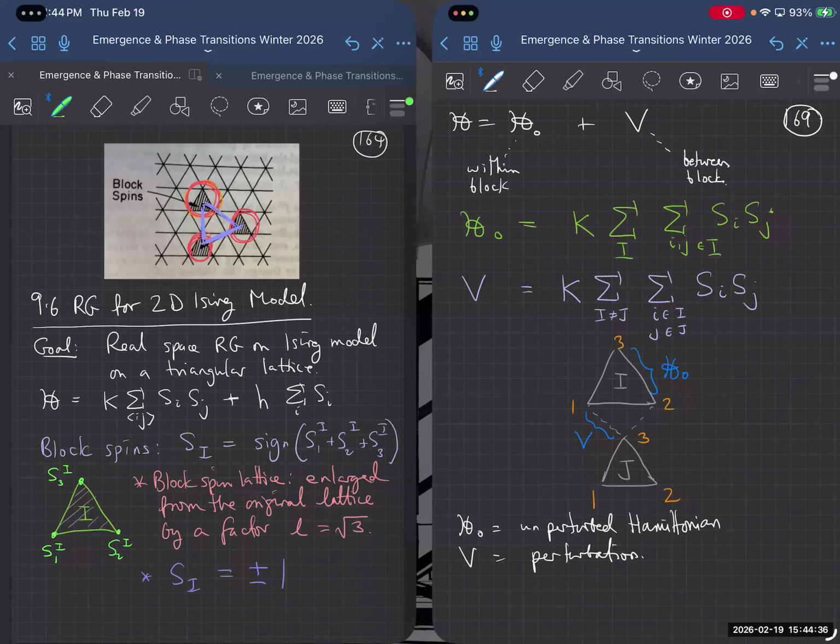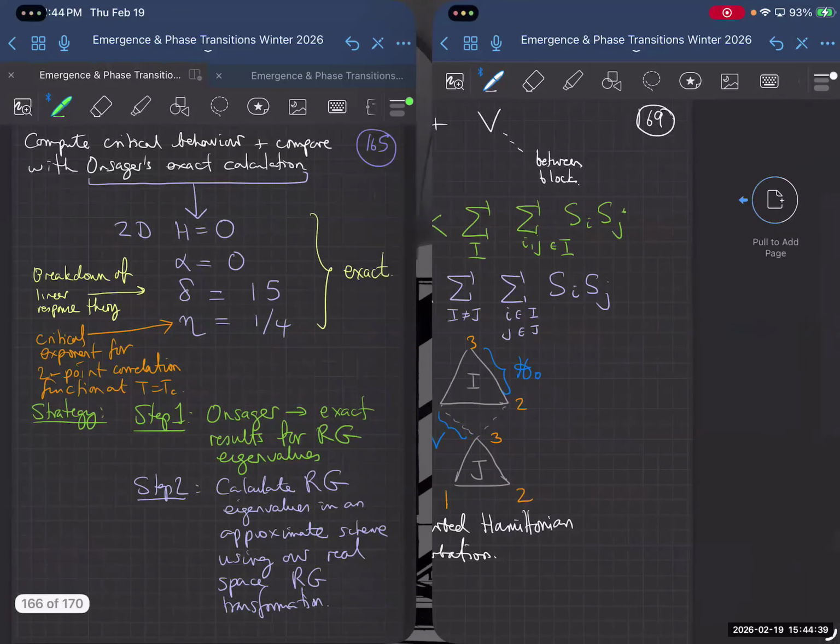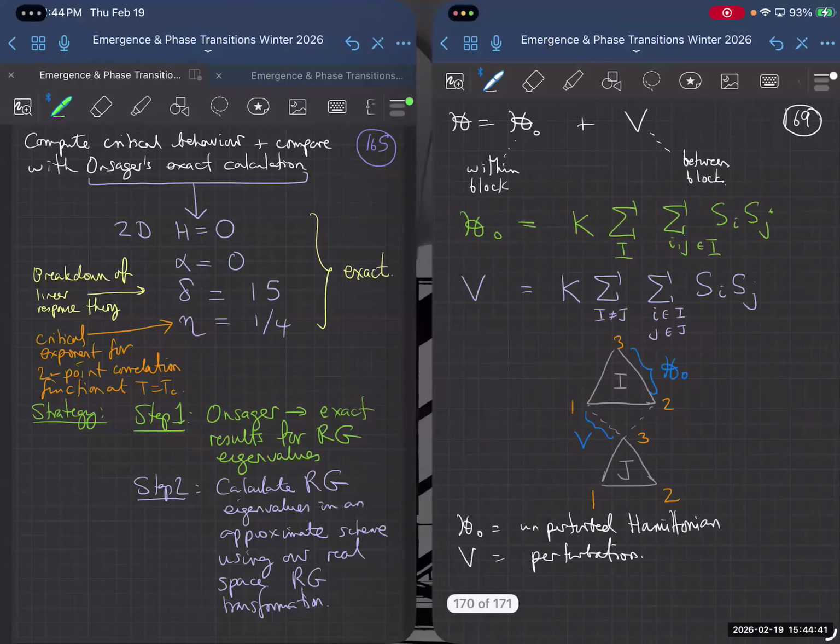Okay, so now comes the cumulant expansion. Not quite yet.